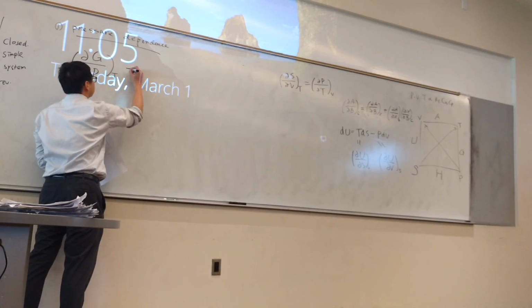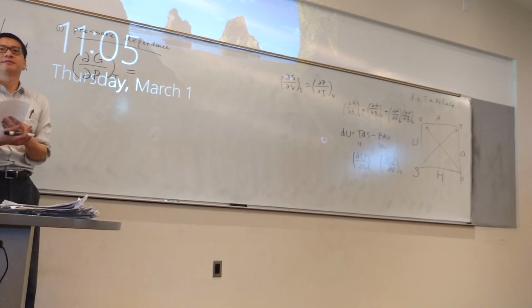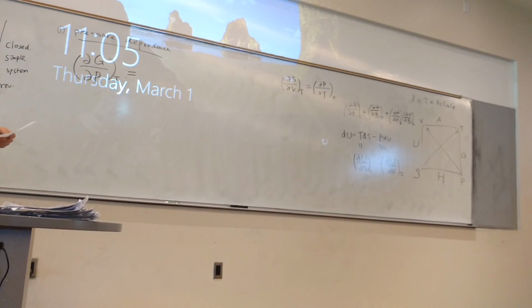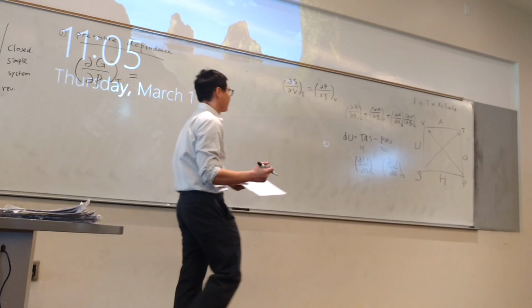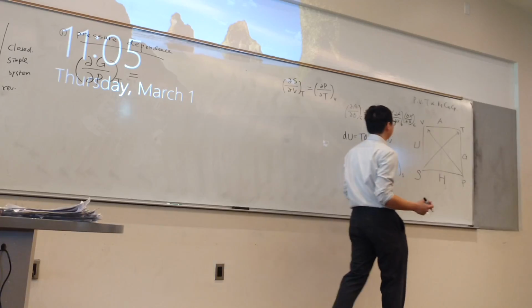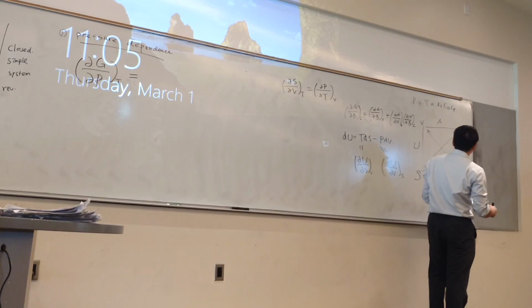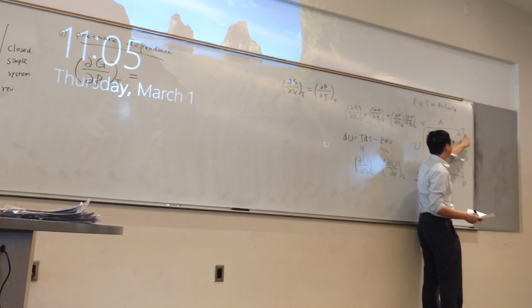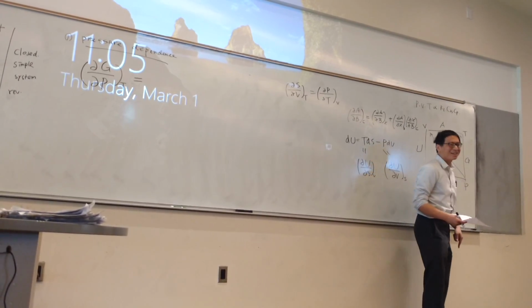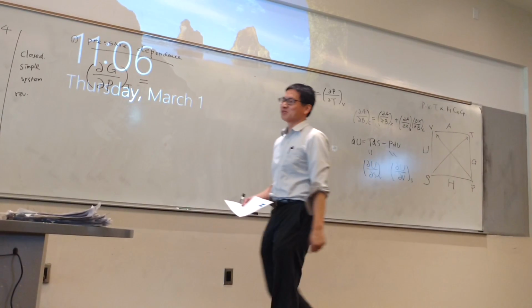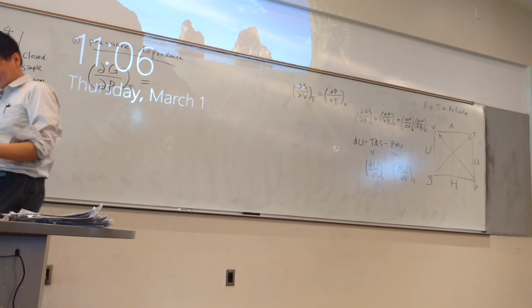And what is this? What's partial G, partial P at constant T?